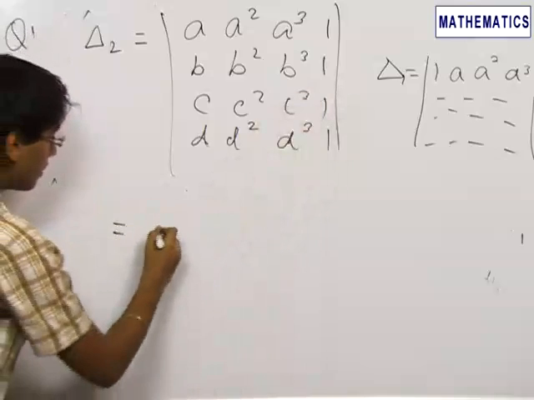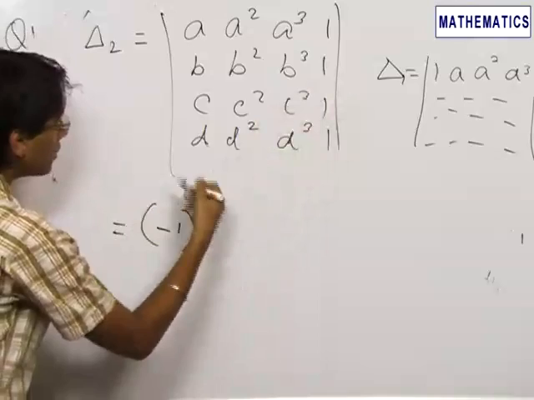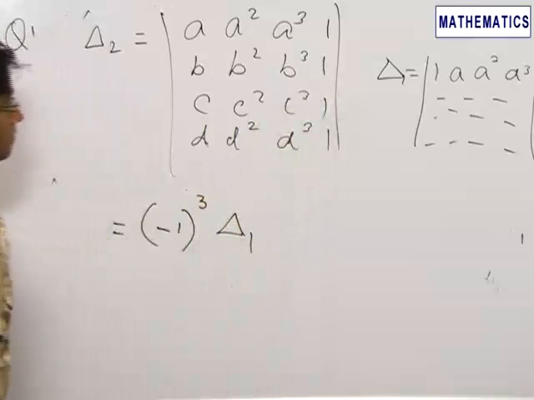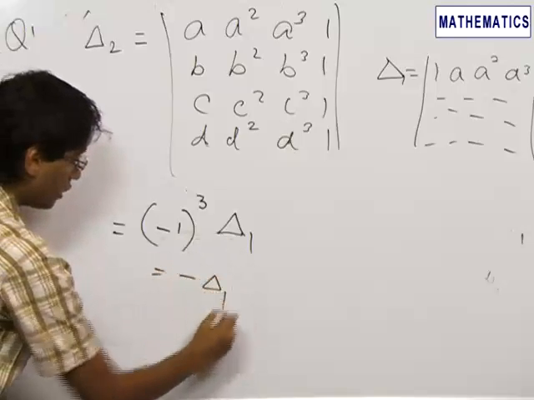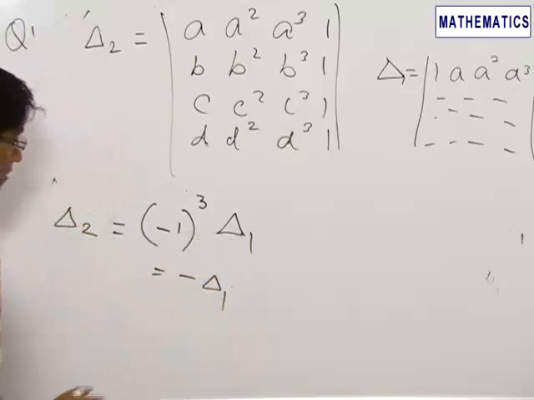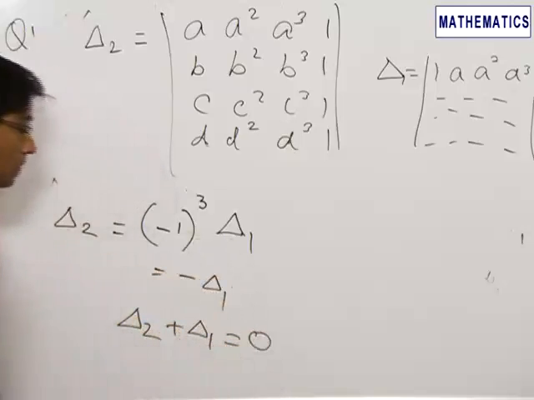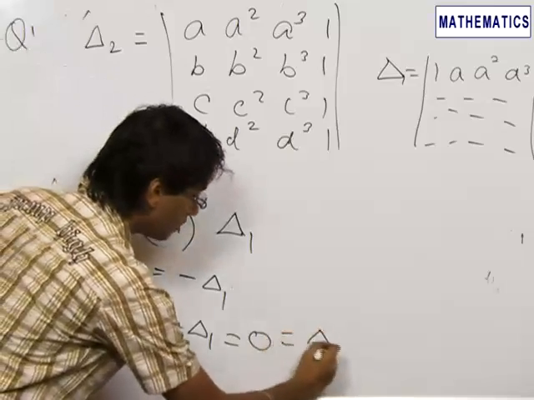So this becomes minus 1 to the power 3, since we have interchanged three columns, times determinant 1, which is equal to minus determinant 1. Hence the value of determinant 2 plus determinant 1 is 0, which is the value of our initial determinant.